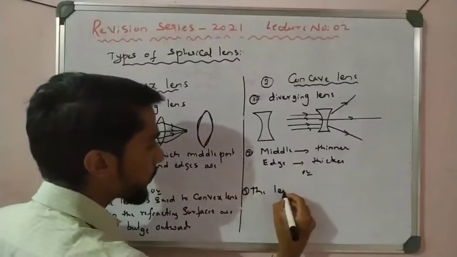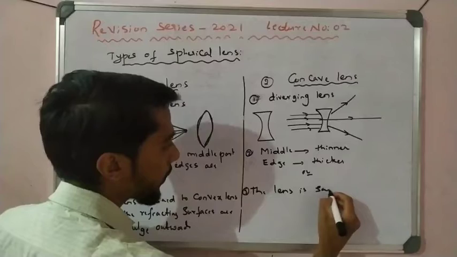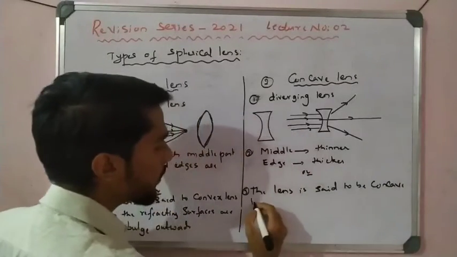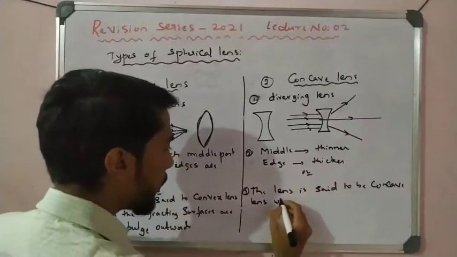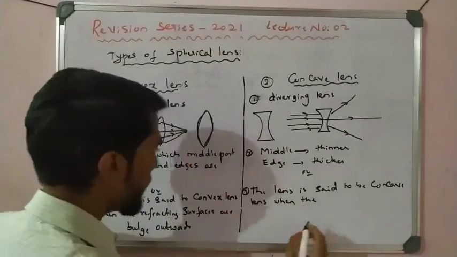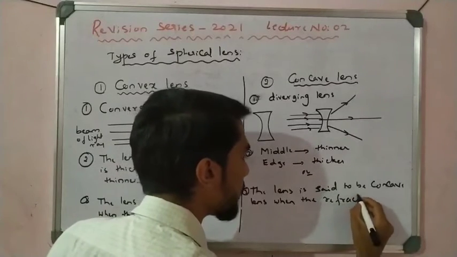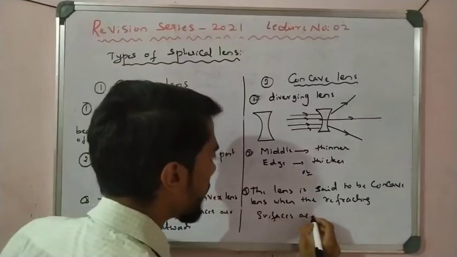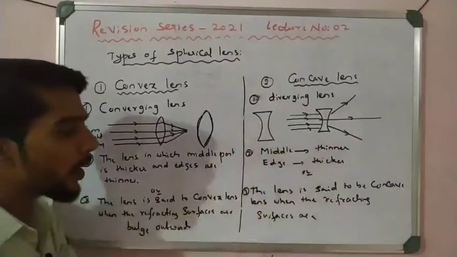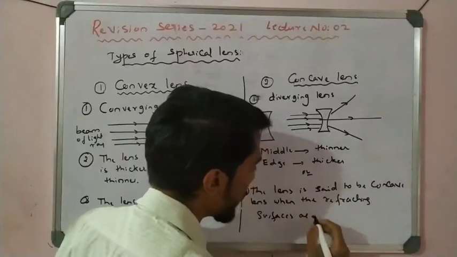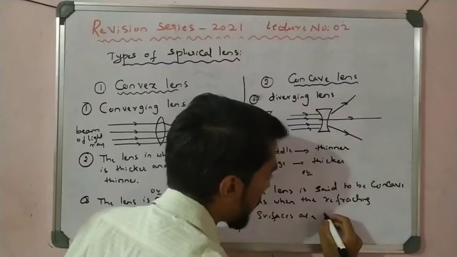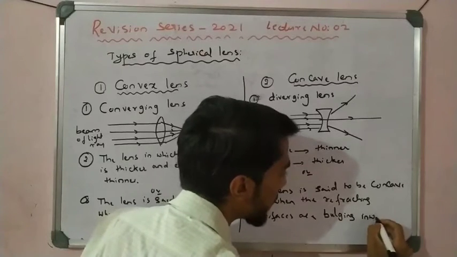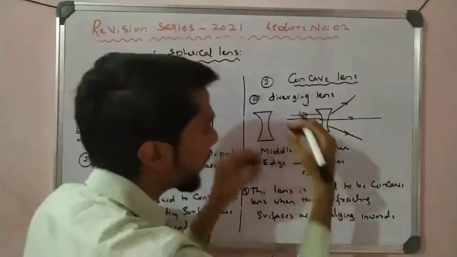The lens is said to be a concave lens when the refracting surfaces are bulging inward, right? It is pushed inside. See, it is pushed inside, bulging inward.